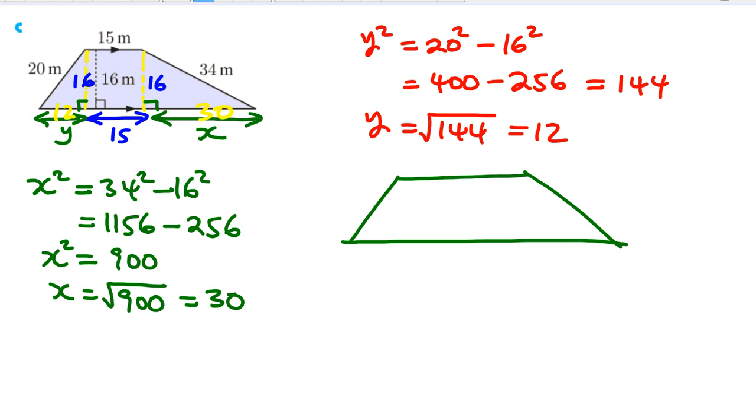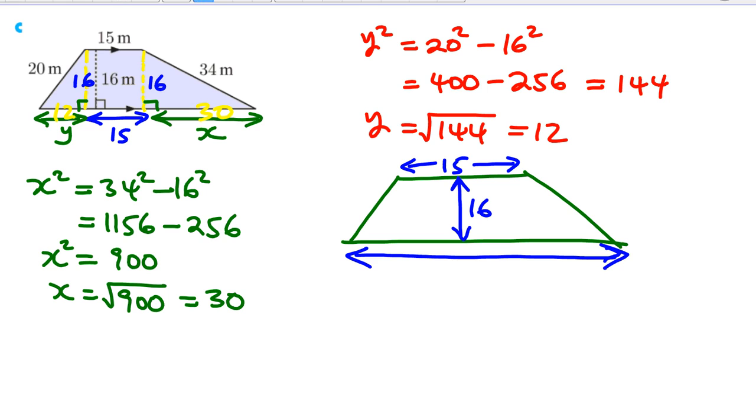So basically the height of this trapezium is 16. This length at the top here is 15 from here to here. And the base, if we include the missing lengths that we've just calculated, 12 plus 15 plus 30, that will give you 57.